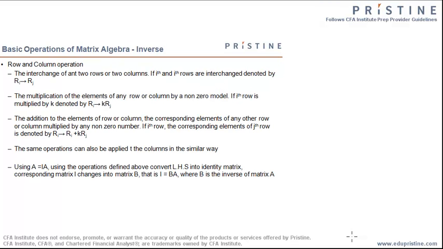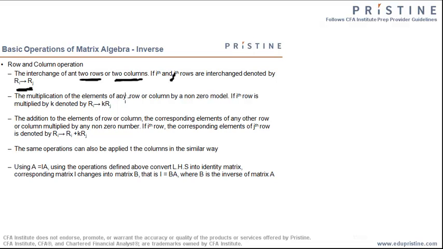We will now discuss about some row and column operations. If we change any two rows of a matrix or any two columns of a matrix, then this change is denoted by Ri goes to Rj, that is row i now becomes row j, that is indicating that we have interchanged rows i and j.